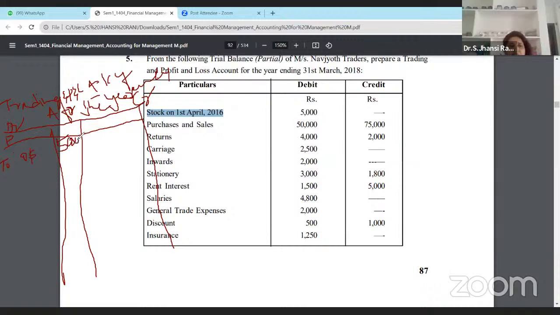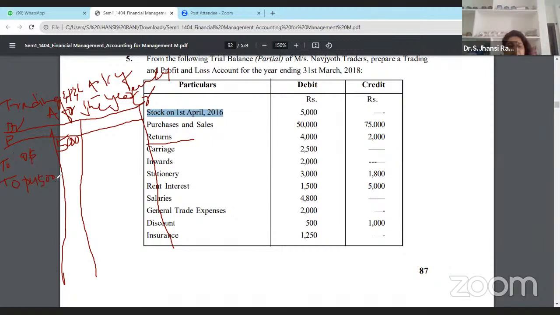Next is purchases. Purchase is an expenditure to us. So I write debit side to purchases. I will write in the inner column. Why? Because returns are there. Yes. So whenever there is an adjustment related to any expenditure or income, at that time we will write in the inner column itself. To purchases, amount is 50,000.